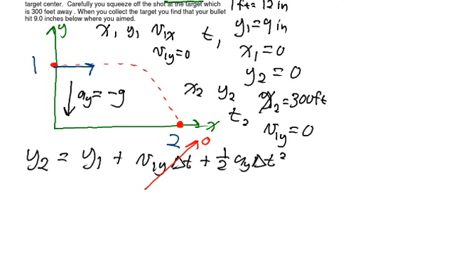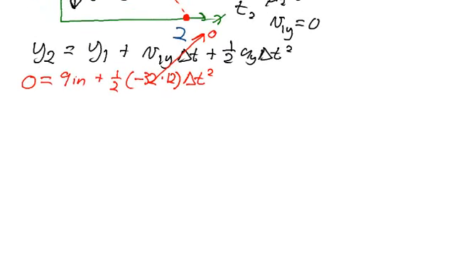So we have y2 equals 0, y1 equals 9 inches, plus the next term, which is 0, plus 1/2 times the acceleration due to gravity, which is minus 32 feet per second squared. Then I'd have to multiply that by 12 in order to get the inches there, times delta t squared. Now we can solve this expression for delta t.